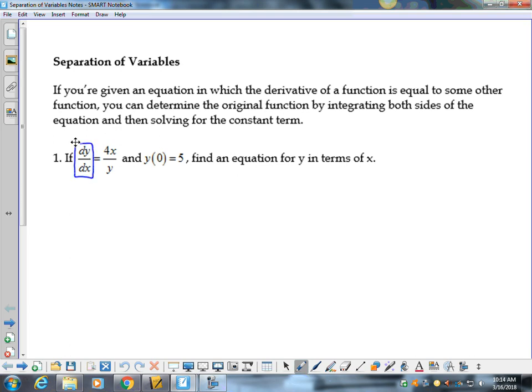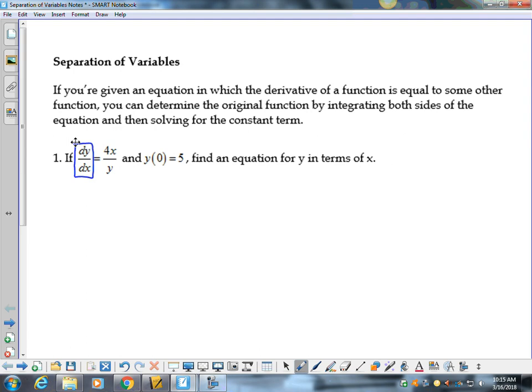Guys, what is this? That's a derivative. So this is an equation of a derivative. It is an equation that we are going to integrate, correct? Are we going to integrate it? What does integrating mean? Take the antiderivative.